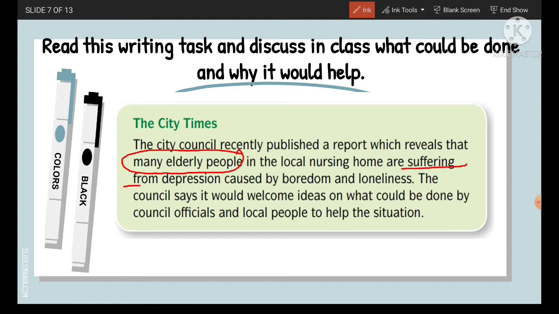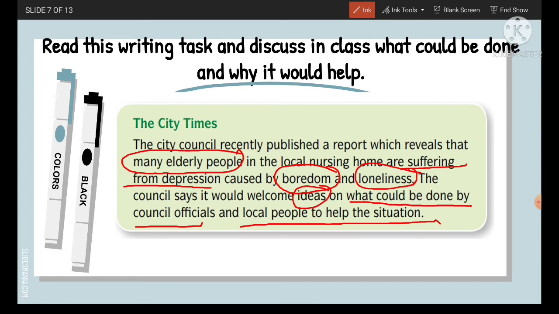So the problem now is, many elderly people suffering from depression because they are bored and lonely when they are staying at the local nursing home. So the council is asking for the public's opinions or ideas on what could be done by them and local people to help the situation. So they ask the ideas from the public, how to help these elderly people from suffering depression.